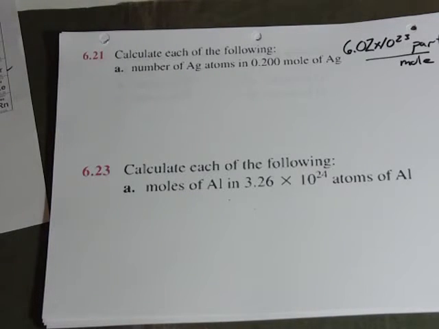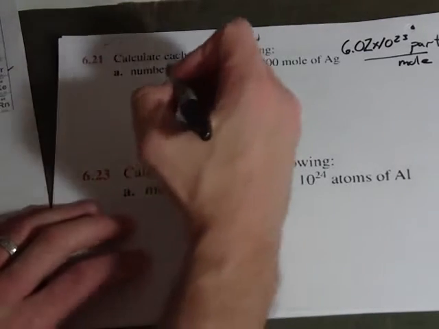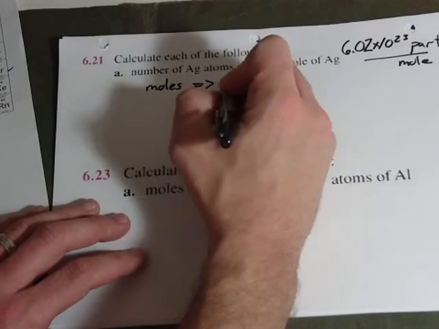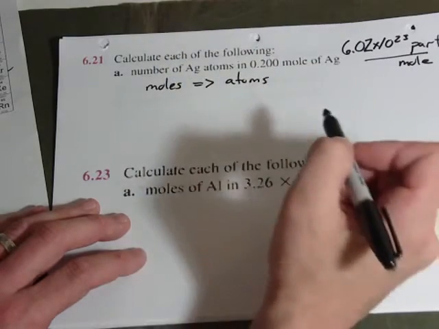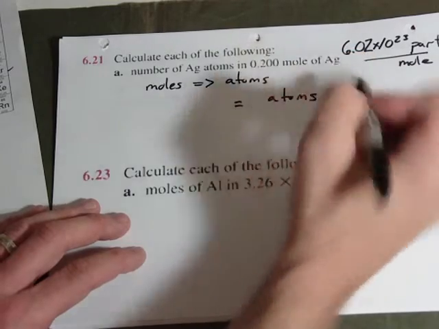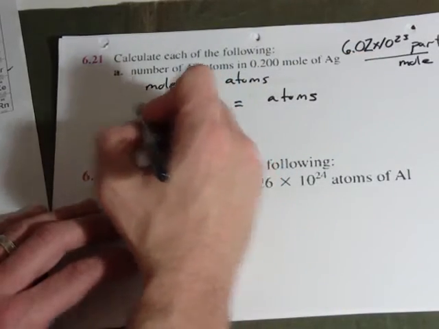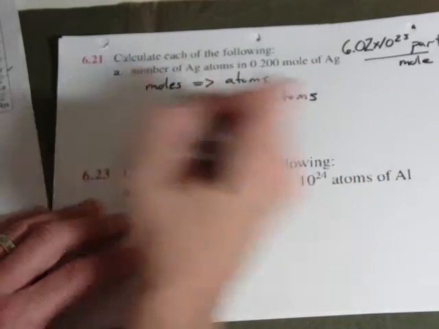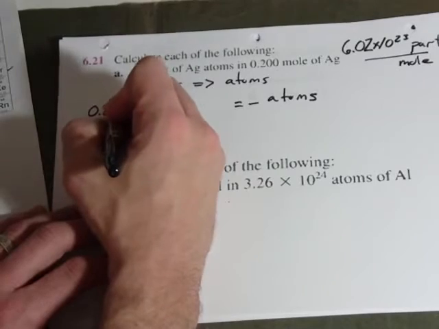And so it wants us to determine how many atoms are in 0.200 moles of silver. And so here we want to go from moles to atoms. So our answer needs to be in atoms. And so we have 0.200 moles.